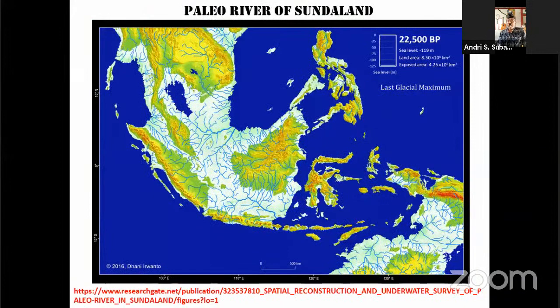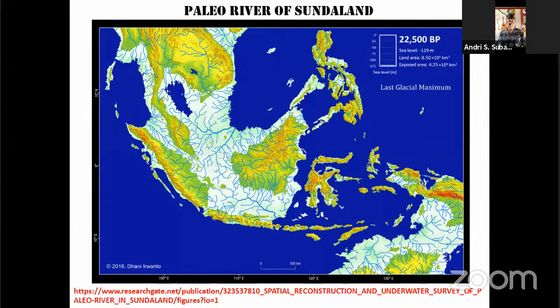This is the Paleo River of Sundaland. There are a lot of streams with upstream in the eastern part of Sumatra, also the western part of Kalimantan, and the southern part of Cambodia. So the ancient rivers flowed into the Sunda Shelf valley, and partially transported and deposited valuable minerals such as tin, wolfram, tantalum, niobium, also zircon and monazite, and several types of heavy mineral.